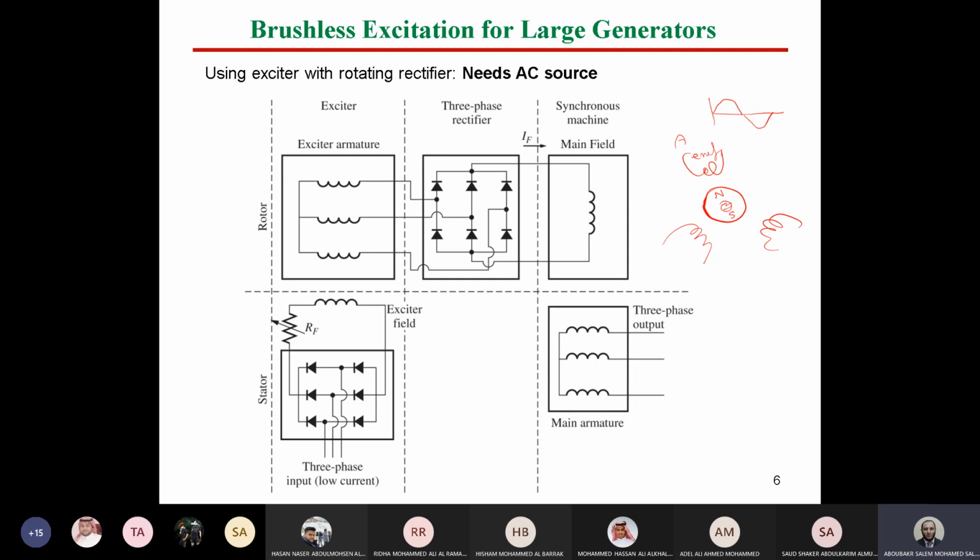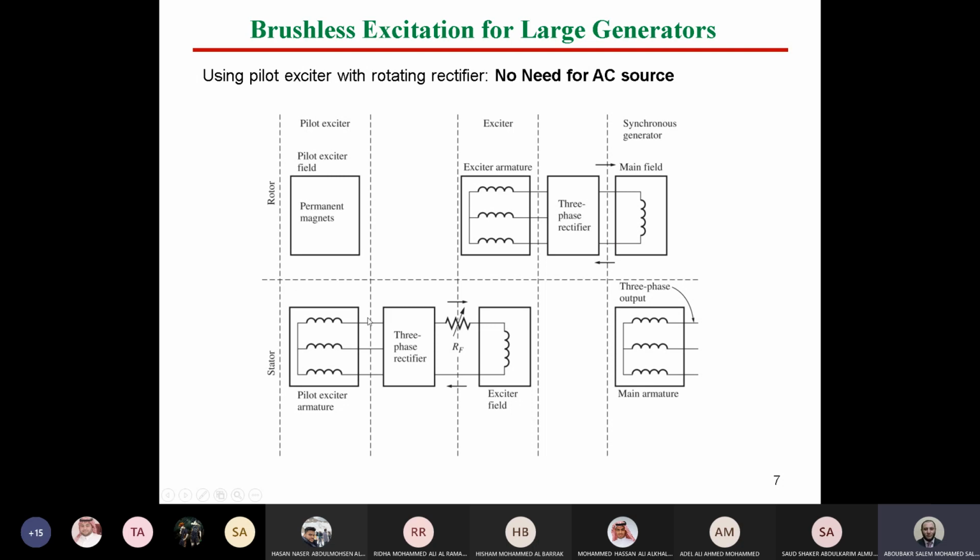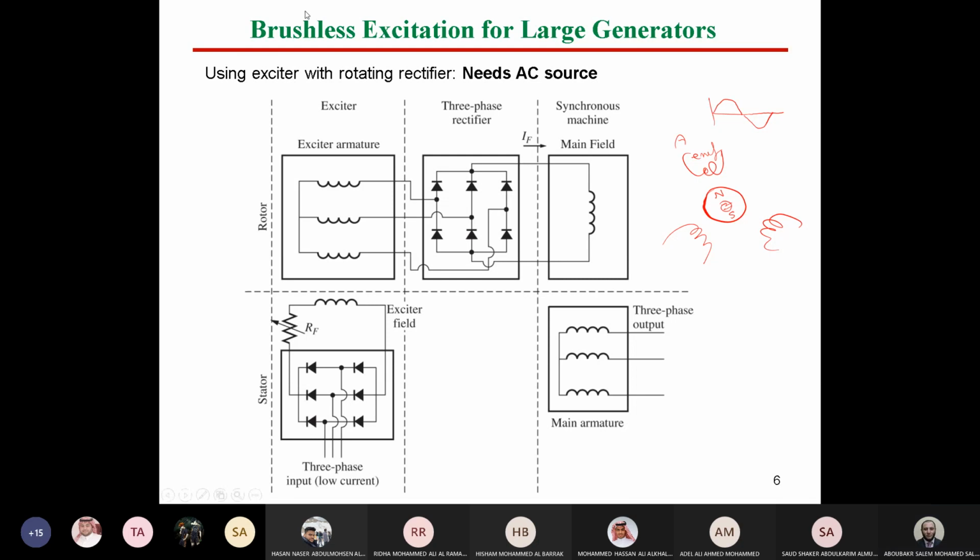What about having a self-induced supply? If we have this shape, we have some permanent magnets fixed on the rotor, and when these permanent magnets rotate by means of the prime mover, they generate EMF on this stator. The same idea as the generator we discussed here. Here you have poles and these poles are rotating, so they generate electricity.